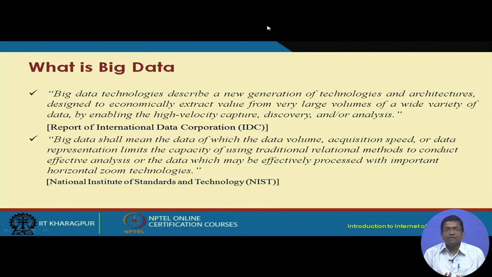For example, huge text, Facebook data, Twitter data, all the social network data, or the data generated from the sky monitoring telescopes, the data generated from YouTube, and so on.